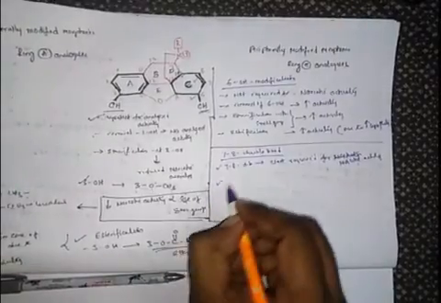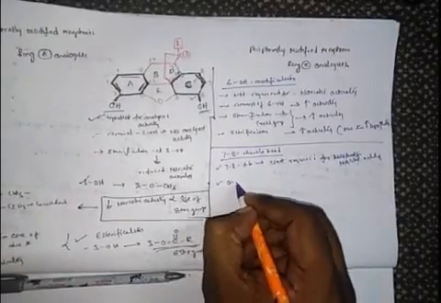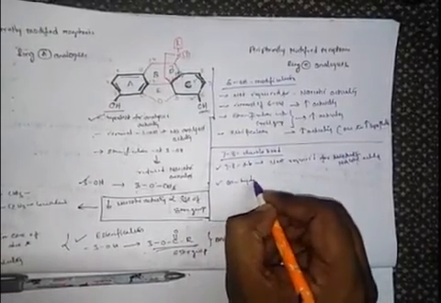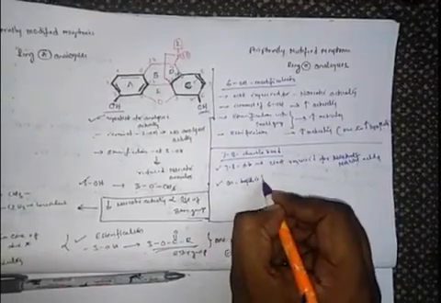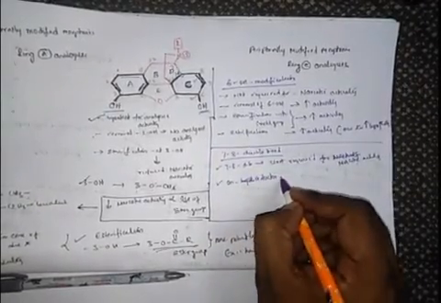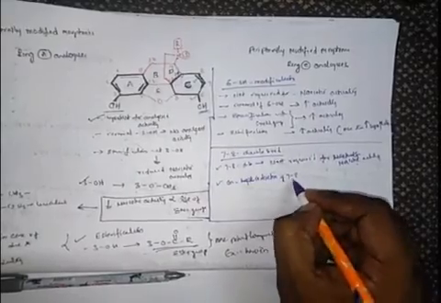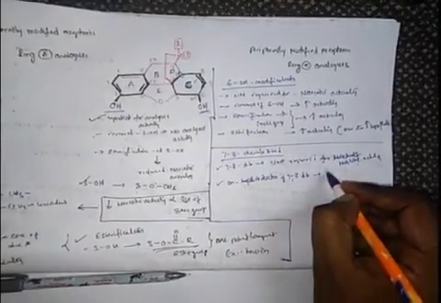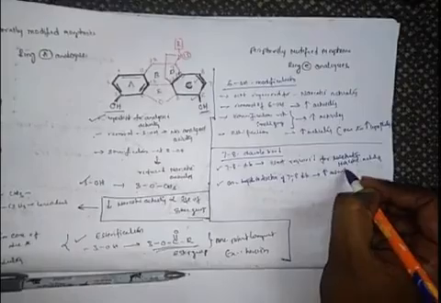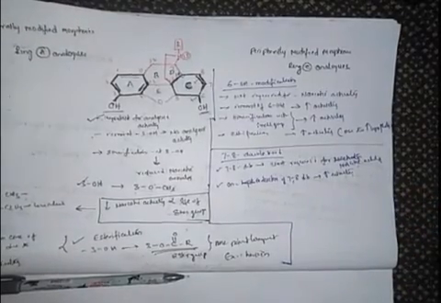On reduction of the 7,8 double bond, there is an increase in activity. The net result is an increase in narcotic activity.